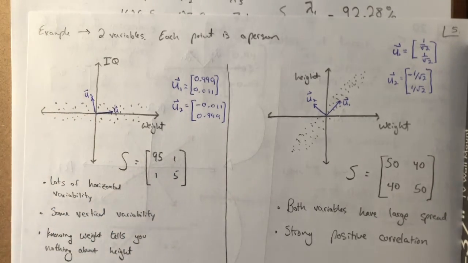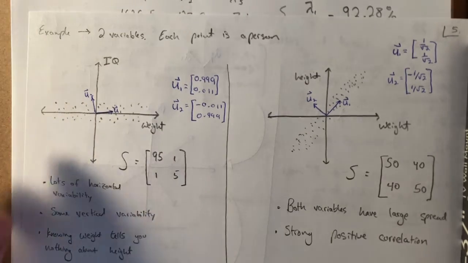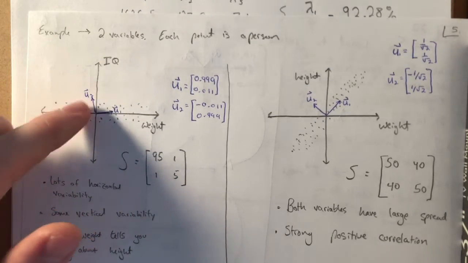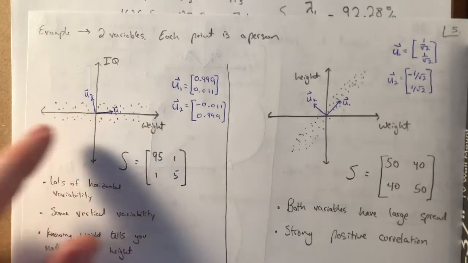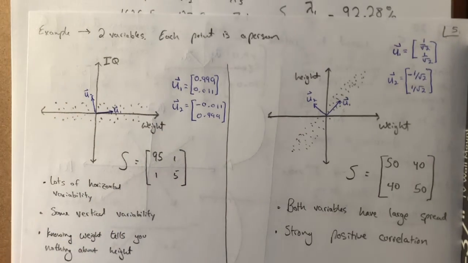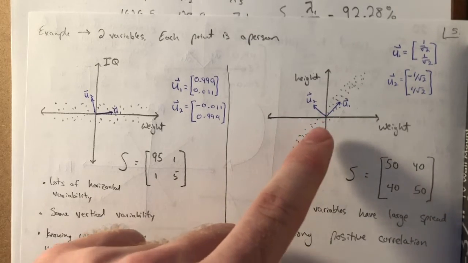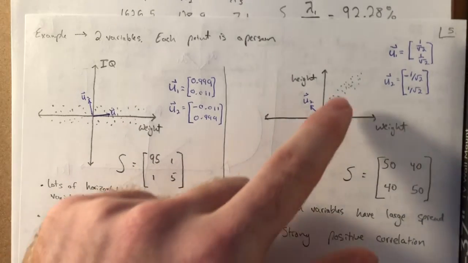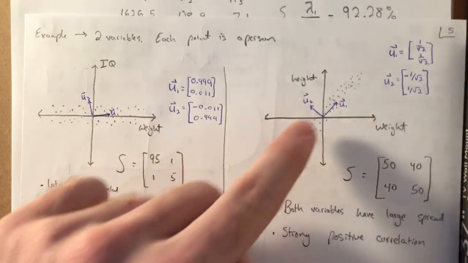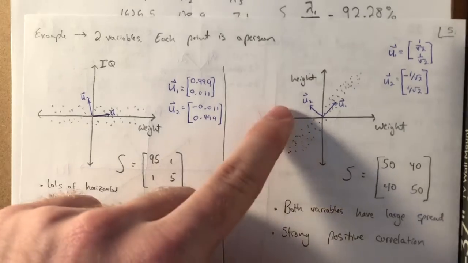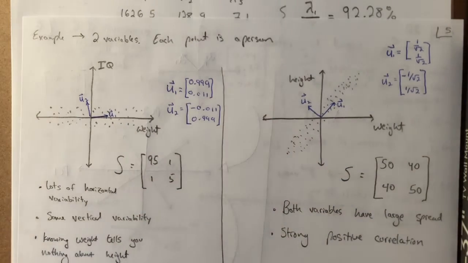But if this was multiple dimensions, then the second eigenvector could be in some direction of variability, and here we can just ignore this one because all we care about, we can see, is the weight, which captures most of the variability. Here we can see that the eigenvectors are pointed again in the direction of variability. So here's the most variability, and then the second most that's also orthogonal to the first.